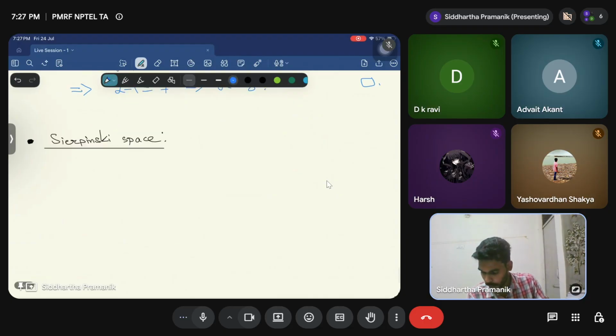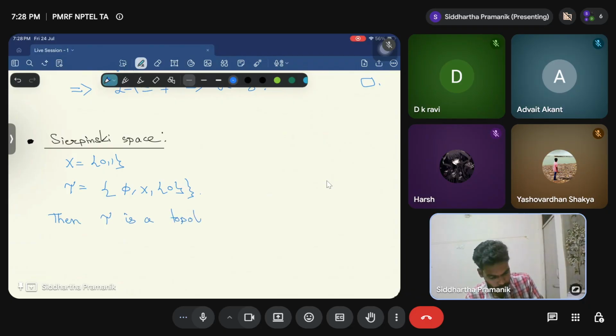So how is it defined? This set just consists of 0 and 1, and on this set I will define a topology as: the empty set, X, and the singleton {0}. Then clearly you can check that it is a topology. And it has some interesting properties.